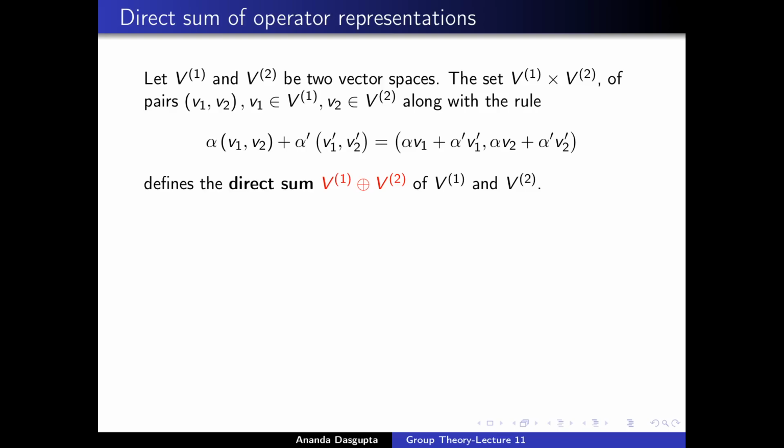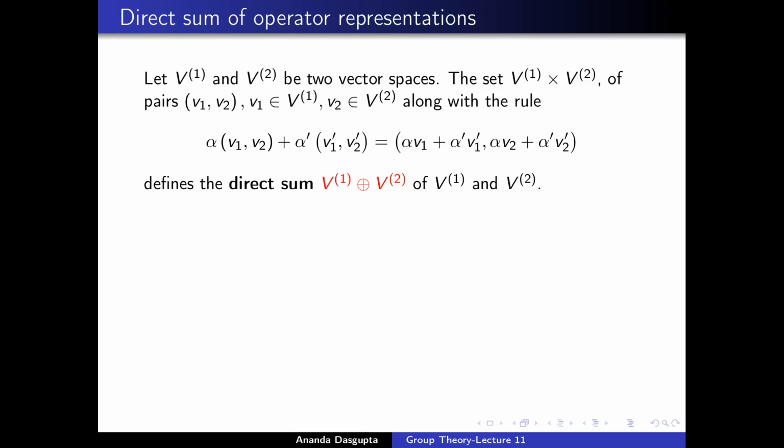Now, as you have seen before in the case of direct product of groups, this is also a situation where each vector space does its own thing. That is, you essentially combine vectors of V1 with each other and vectors of V2 with each other, and they don't interfere among themselves at all.